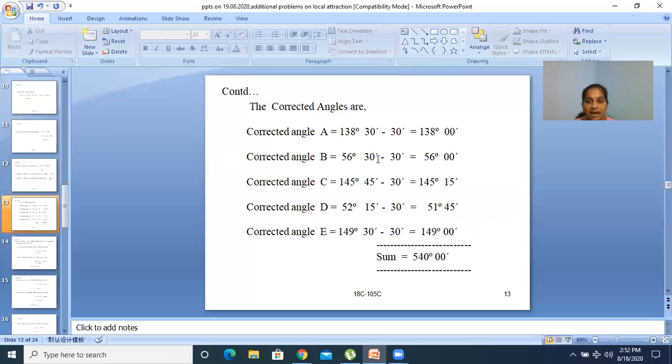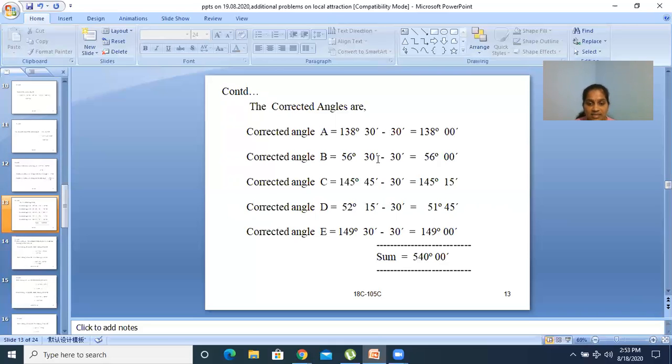Therefore, the corrected angles are: corrected angle A is equal to the calculated angle, 138 degrees 30 minutes, minus the correction of 30 minutes, that is equal to 138 degrees. For angle B, it is 56 degrees 30 minutes minus 30 minutes, it is 56 degrees.